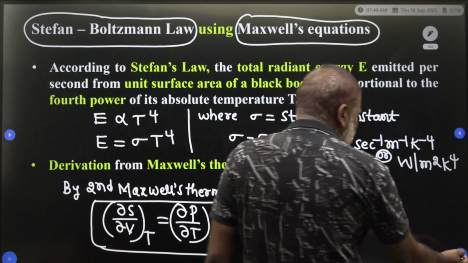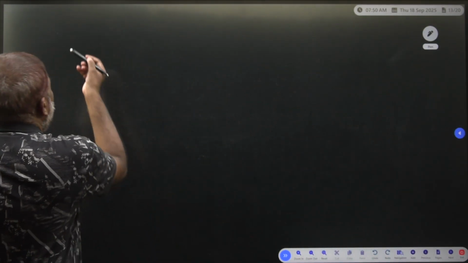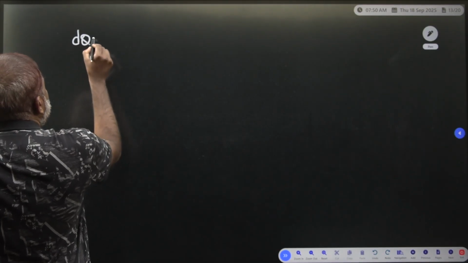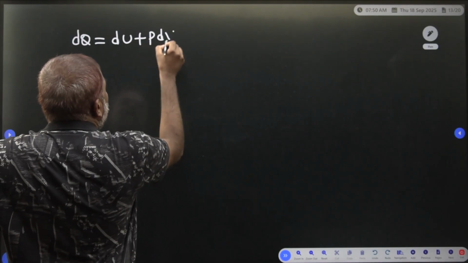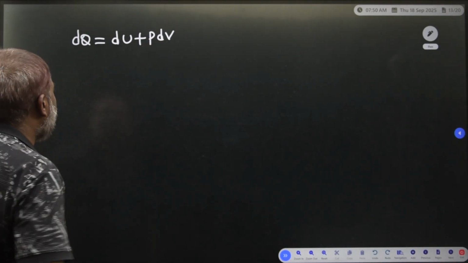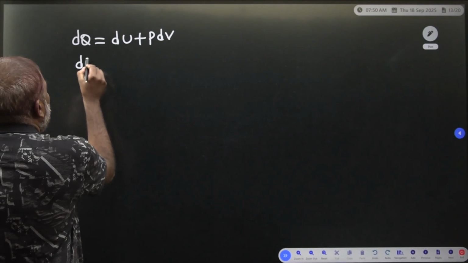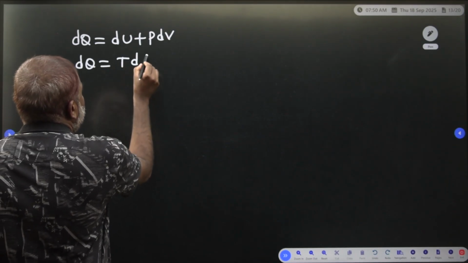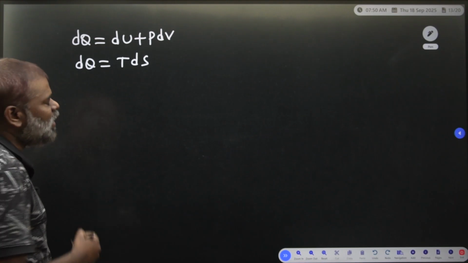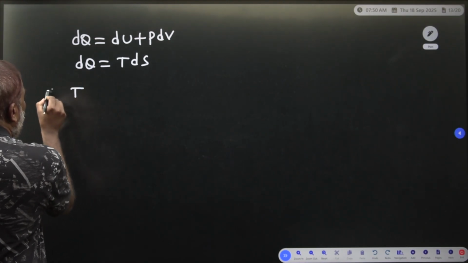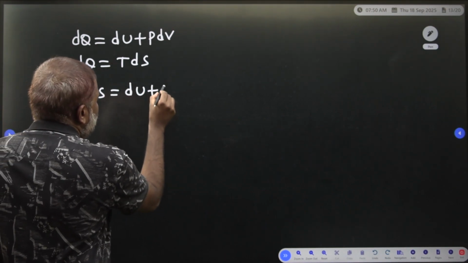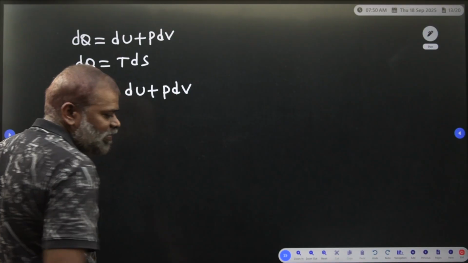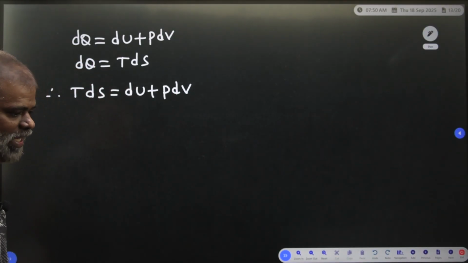Based on equation number 1, according to the first law of thermodynamics, dQ = dU + PdV. But dQ = TdS, by the second law of thermodynamics. So TdS = dU + PdV.